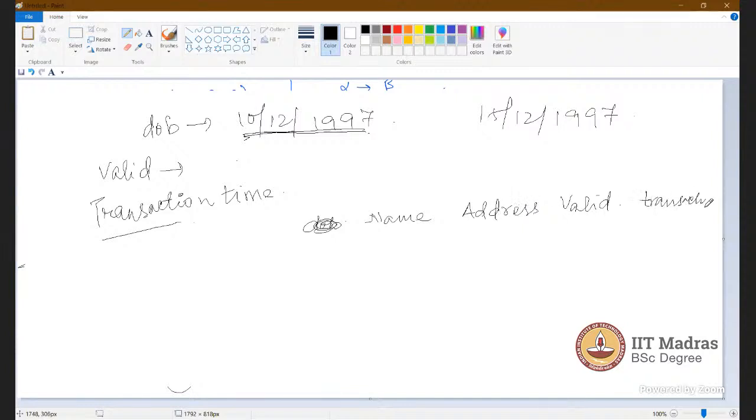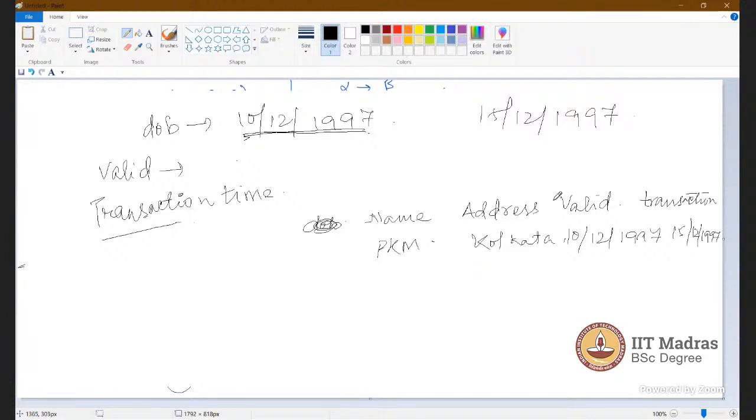The valid time is for the address being right from a particular date, and the second one is the transaction time. In this way you can record this particular record.